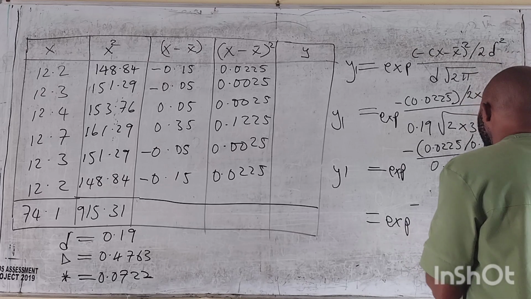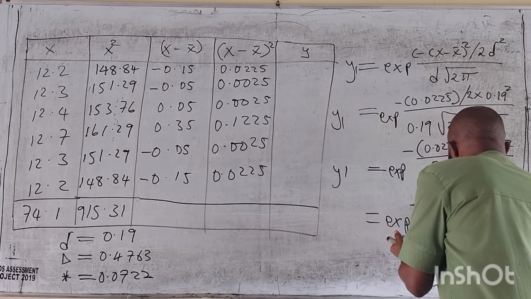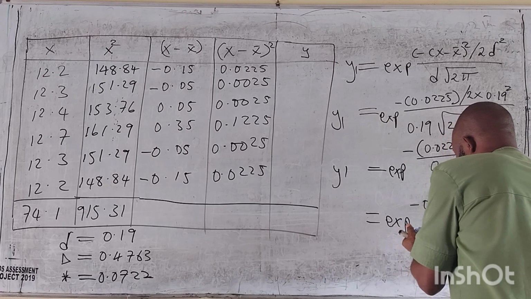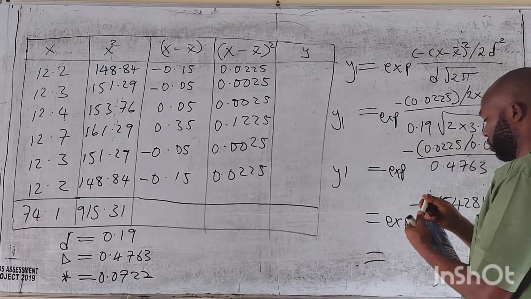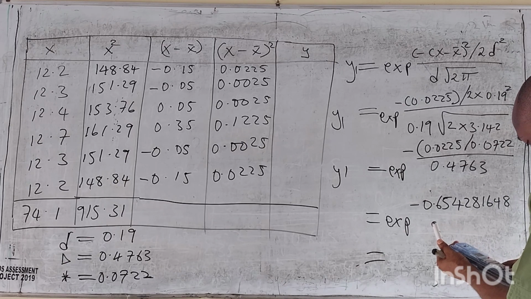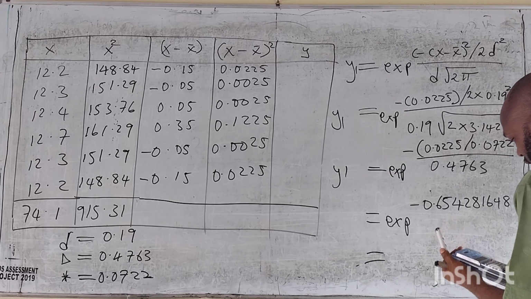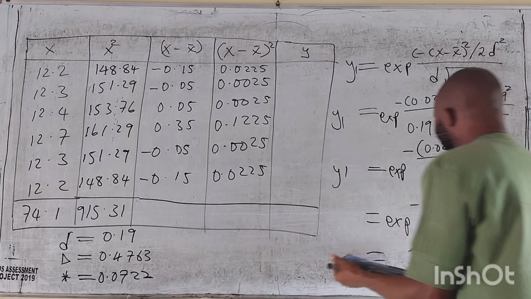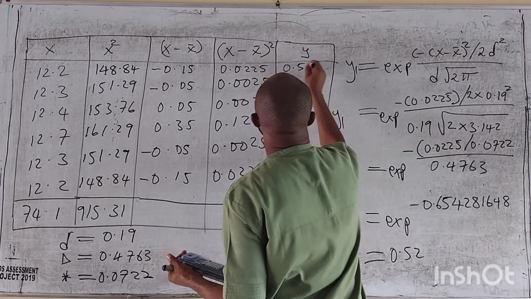That is equal to 0.65428164. This is equal to that exponential minus 0.65428164, which is equal to 0.52. So here I have 0.52.